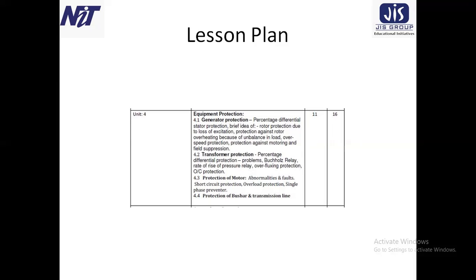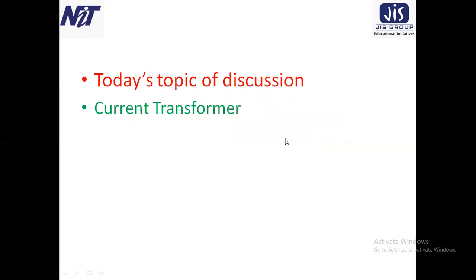So let me start the topic. Today's topic of discussion is the current transformer, and you all know that the short form of current transformer is CT.